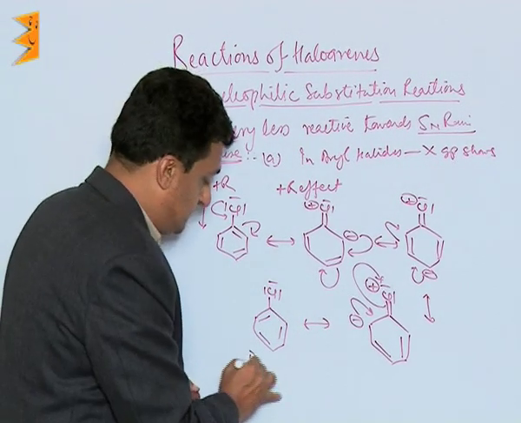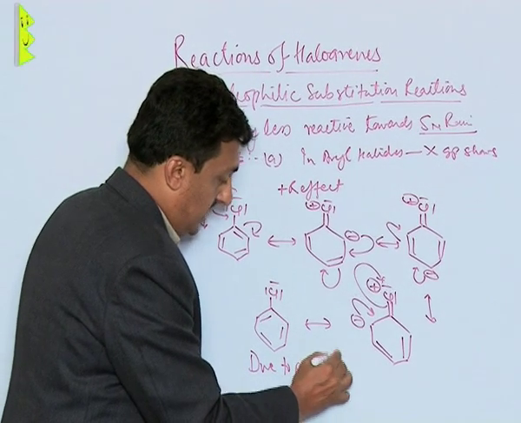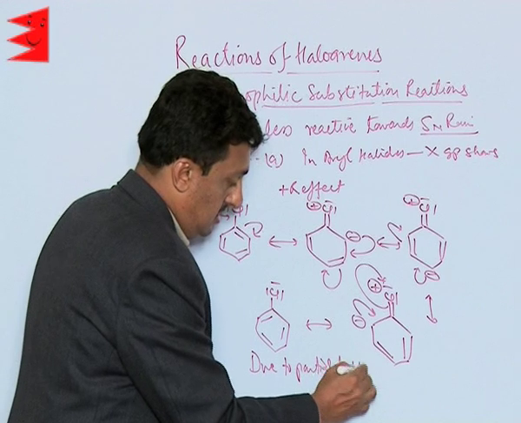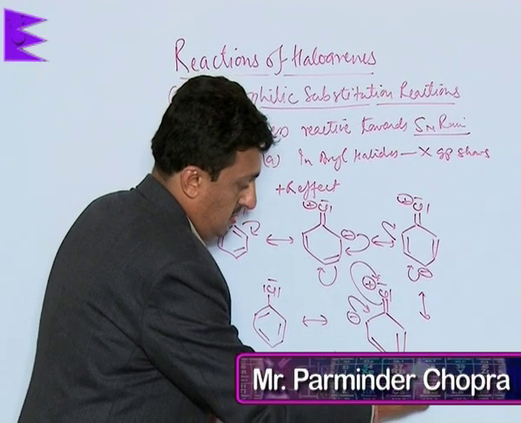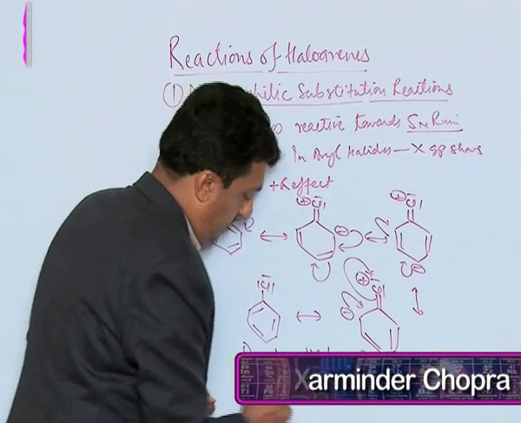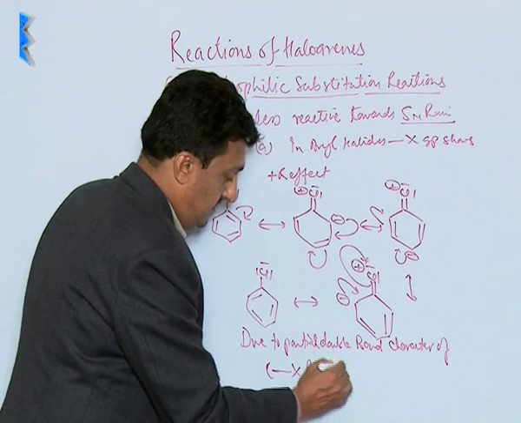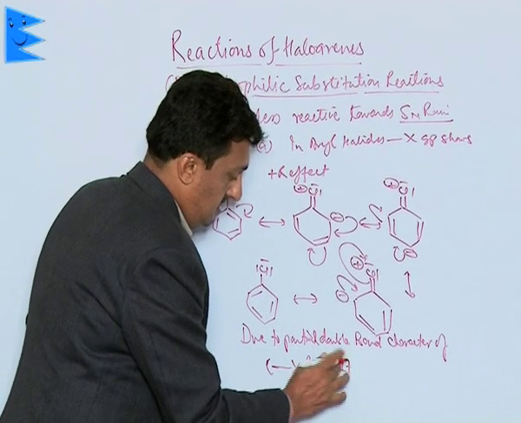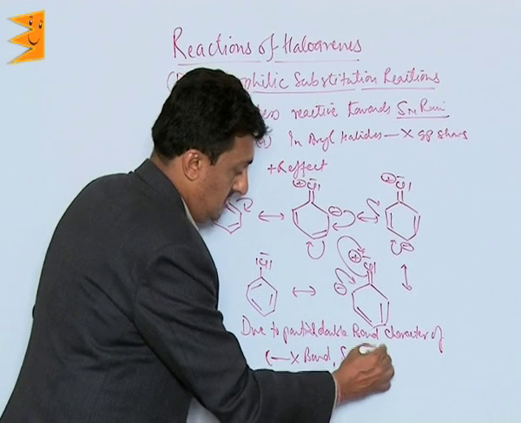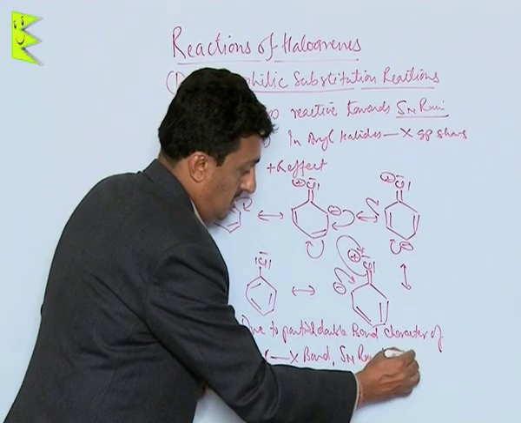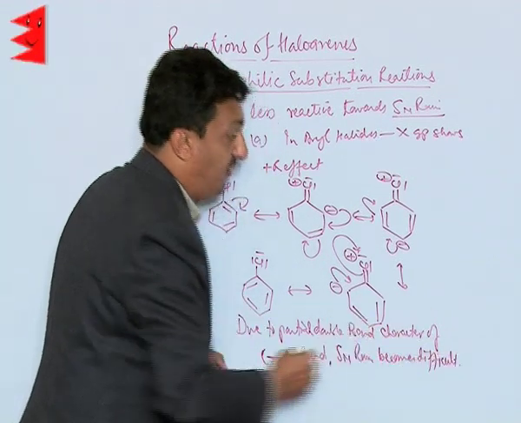So due to partial double bond character of the C-X bond, SN reactions become difficult.